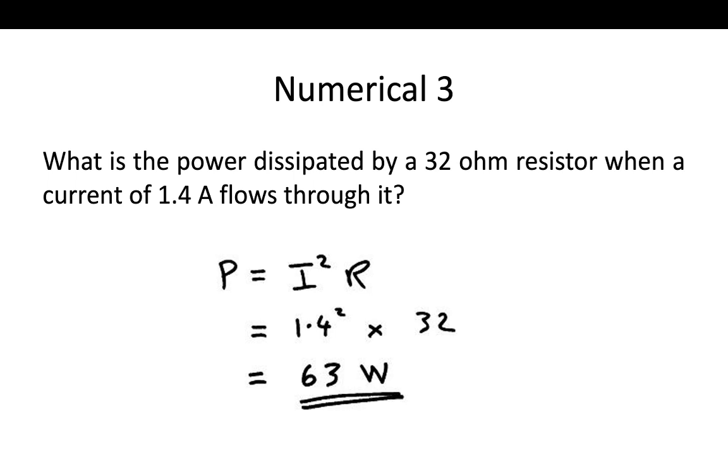Because resistance is given, 32 ohm, and secondly we have the current flow, that is 1.4 ampere. So the power dissipated by a 32 ohm resistor and 1.4 ampere current is 63 watt.